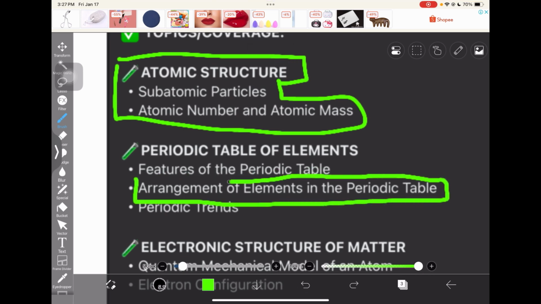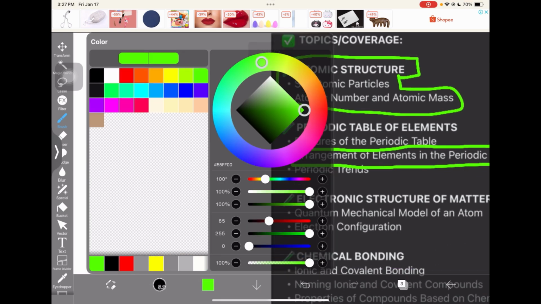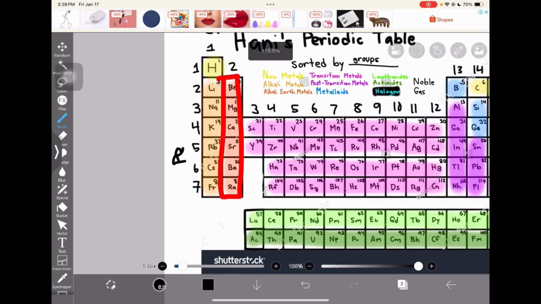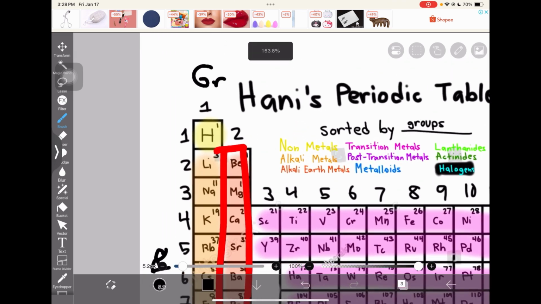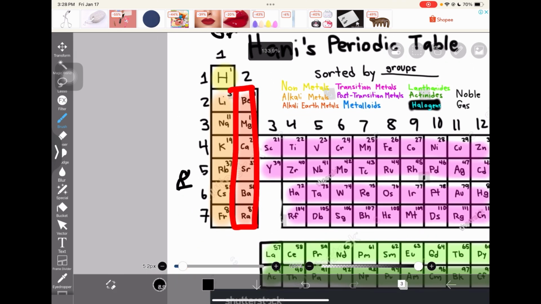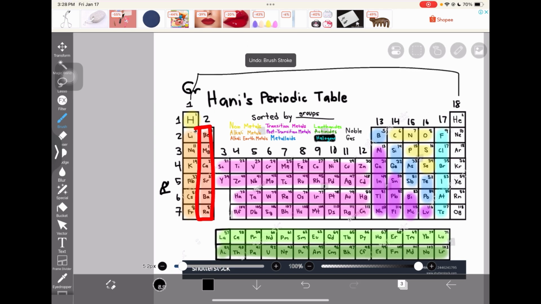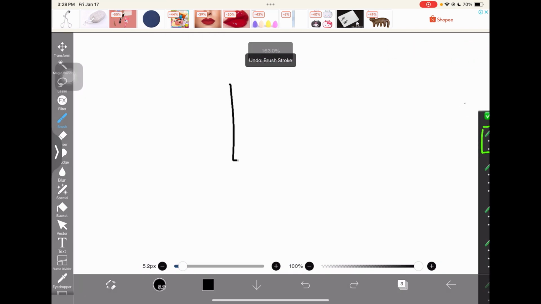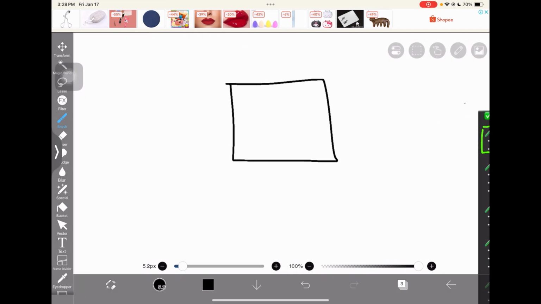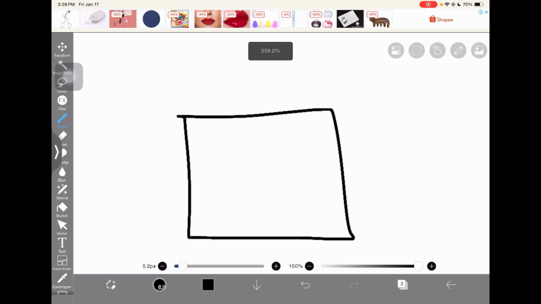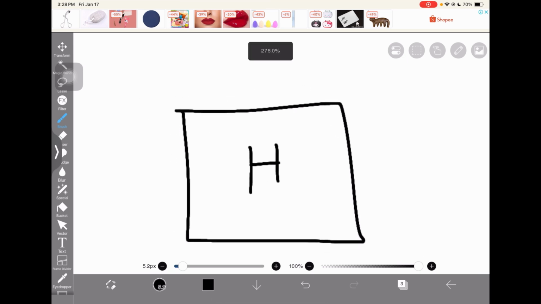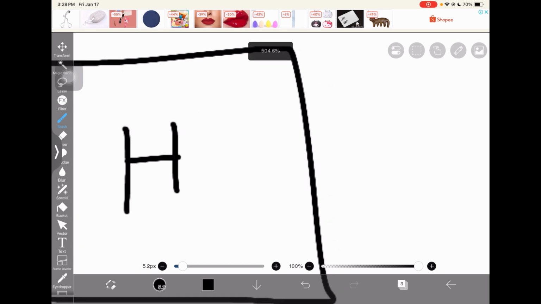Now, this may vary from periodic table to periodic table. Once again, just going to reiterate, this is the group and this is the period. So these are the periods and these are the groups. Once again, you might see an element like this. So I'm going to show you the structure. H would be your atomic symbol.